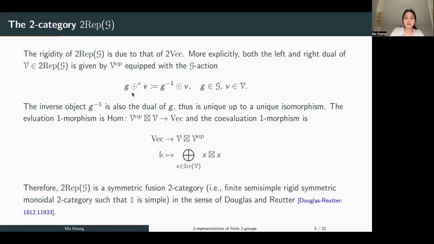And the inverse object G inverse here is the dual of G. Thus, it is unique up to a unique isomorphism, and the evaluation one morphism is the hom functor, and the co-evaluation one morphism is defined by sending K into this direct sum. Therefore, 2Rep G is a symmetric fusion two category, that is a finite semi-simple rigid symmetric monoidal two category, and the tensor unit is simple in the sense of Douglas and Reutter.